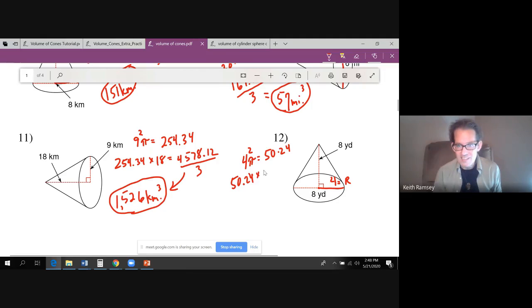It looks like the height is 8. So 50.24 times 8 is going to equal 401.92. Step 3 is divide that by 3 to give you your volume, which is 133.97. Let's round that up to 134 cubic yards for number 12.